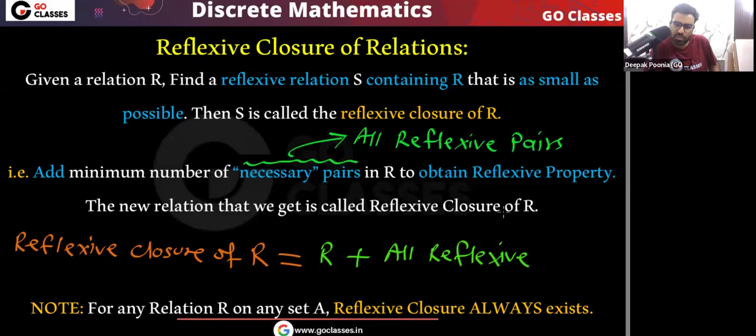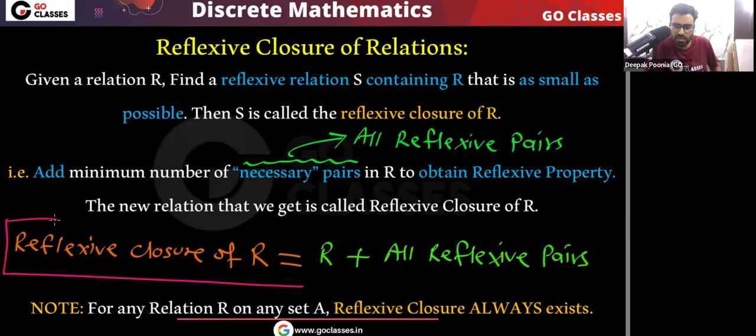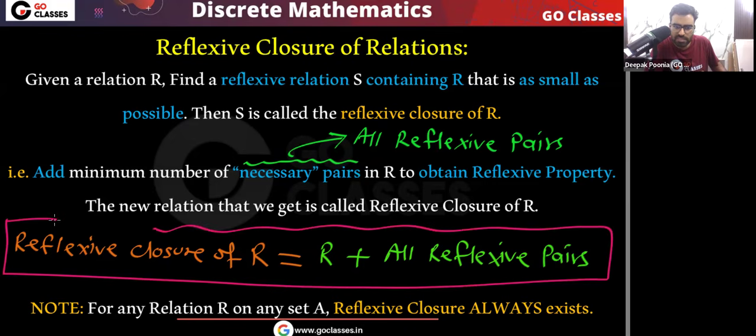Because to bring the reflexive property, the necessary pairs are the reflexive pairs. So in relation R, you just add all reflexive pairs. That's it. Nothing else you have to do. To find the reflexive closure of R, you just add all the reflexive pairs.